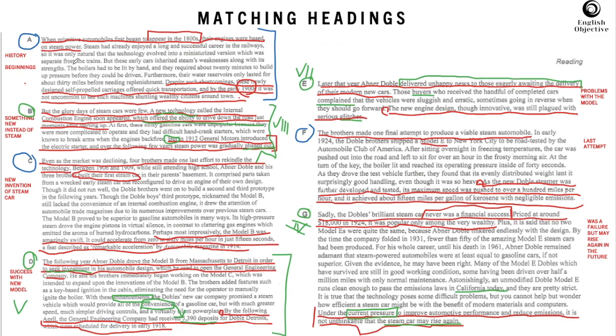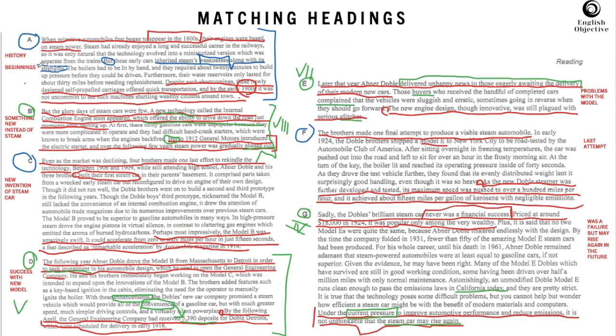But, I would always pay attention to these kinds of linking words at the beginning of the sentences. But these early cars inherited steam's weaknesses. This is interesting. Inherited steam's weaknesses along with its strengths. Okay, so this is the negatives with the positives.